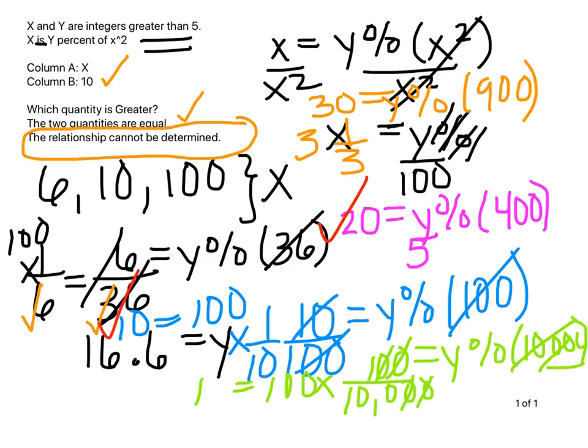Just for comfort purposes, it's always good to check all of the extremes, which is why we went ahead and did them all, and also for learning purposes. But because B satisfies everything and both quantities being equal satisfies everything, our best option is the relationship cannot be determined.